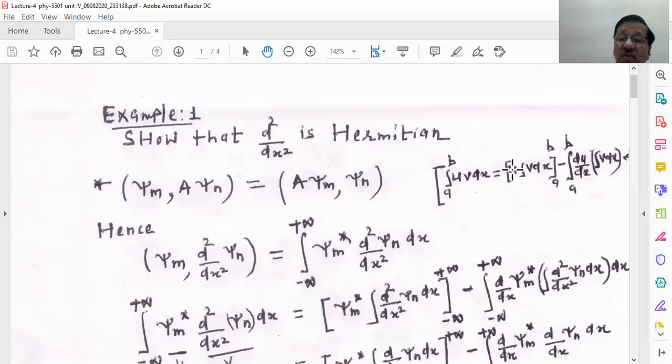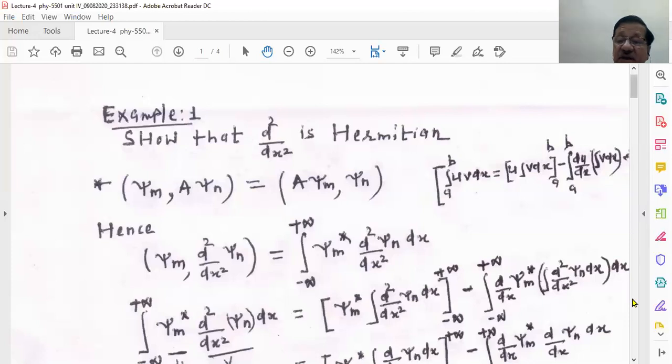It will be u into the integration of v dx, with limits from a to b, then a minus sign, then the integration from a to b of the derivative of u, du by dx, times the integration of v dx, all integrated with respect to x. This is not printed, but it is dx here. Few people know this law.